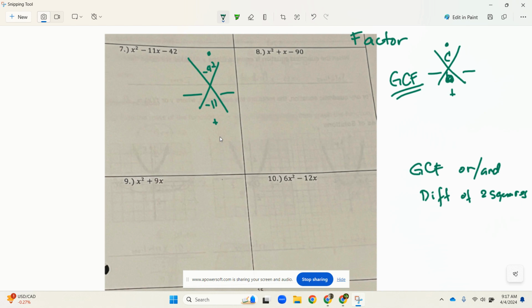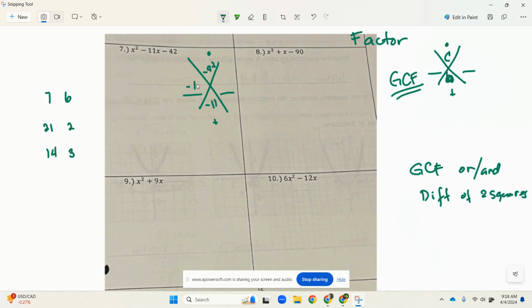Okay, so what are the factors of 42? We have 7 times 6, 21 times 2, and I think 14 times 3. All right, well, if we have 14 times 3, since this is a negative, then when you add opposite signs, that's going to be 11.